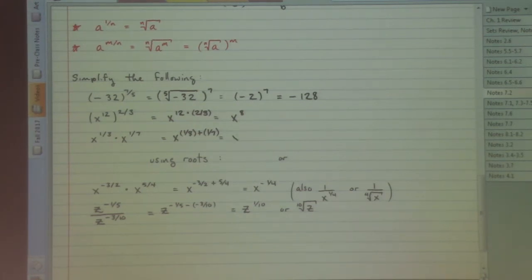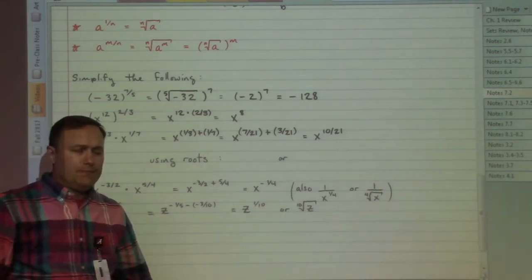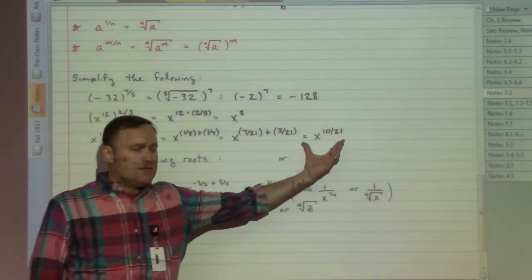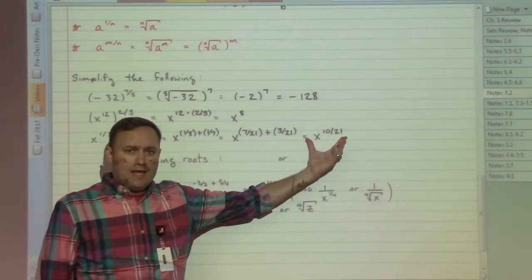So that would mean that we would have 7/21 plus 3/21. Now we're equipped to actually add those powers together and get x with a power of 10/21. 10/21 can't be simplified, so by itself, this could be considered a perfectly acceptable answer.